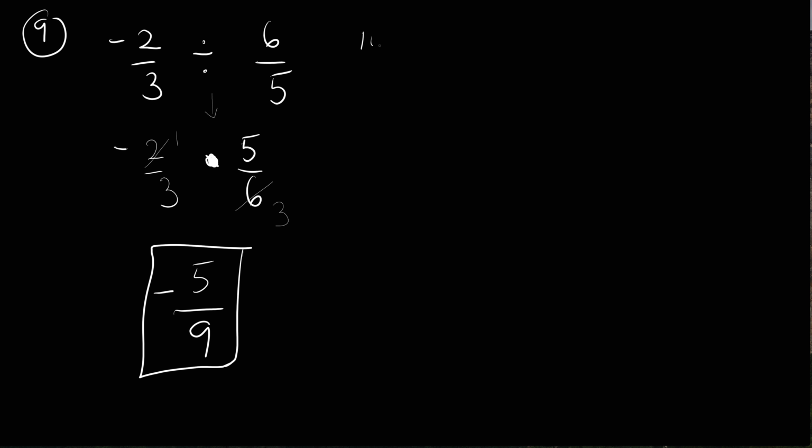Now, just right here, let's do the next problem. Problem number 10. You have a negative 2 over 11 divided by 3. So make sure this is a 3 over 1, so you know which one is going to be your reciprocal, like it's going to be 1/3. So let's change this division into a multiplication statement.